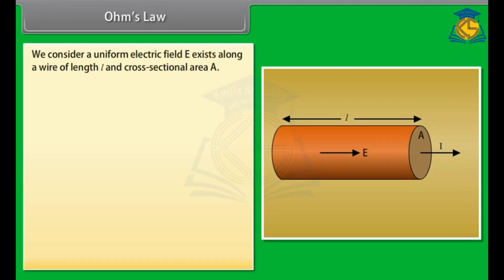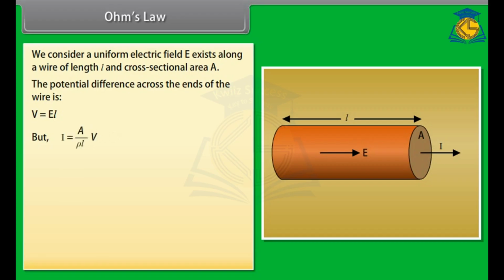We consider a uniform electric field E along a wire of length L and cross-sectional area A. The potential difference across the ends of the wire is given by V is equal to EL, but I is equal to A upon rho L multiplied by V, where rho is the resistivity of the material.